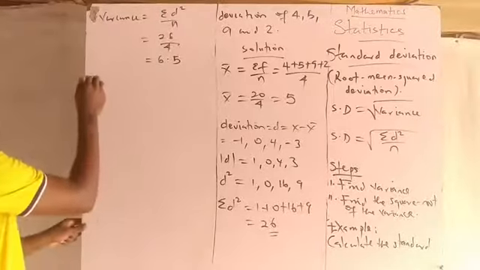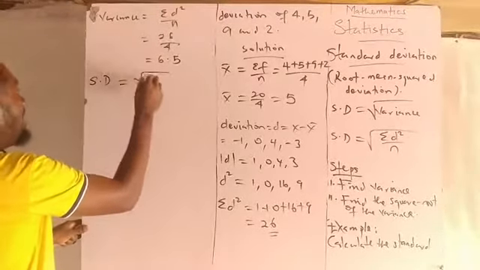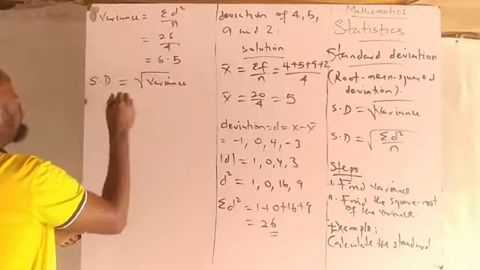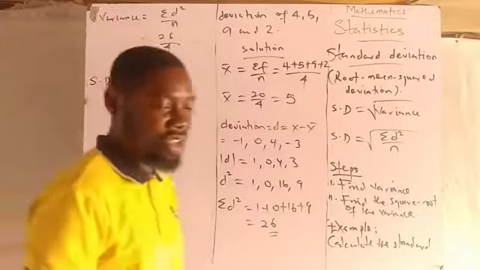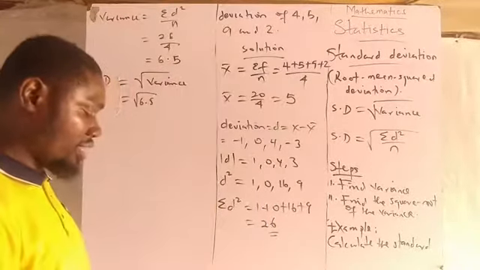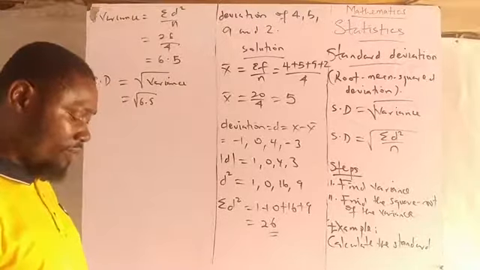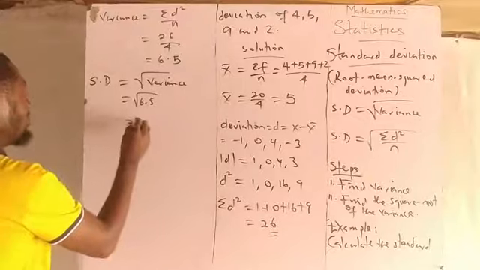So our standard deviation will simply be the square root of variance, which is the square root of 6.5. Use your calculator and press the square root of 6.5. Your answer is 2.5.